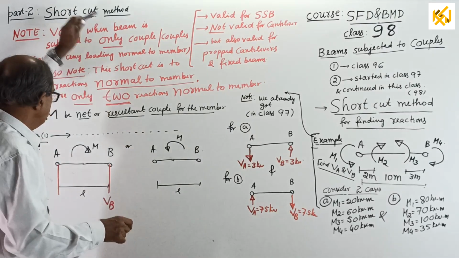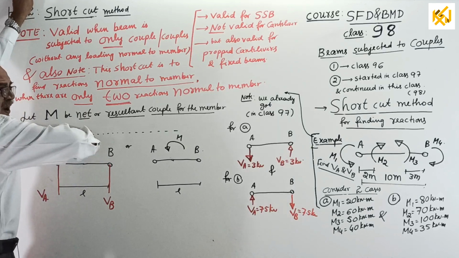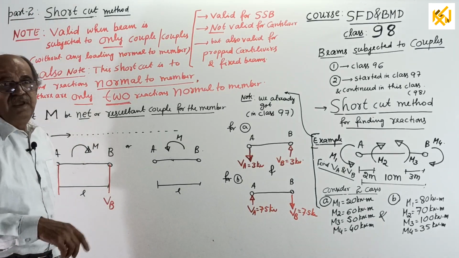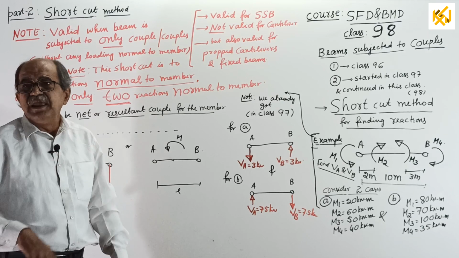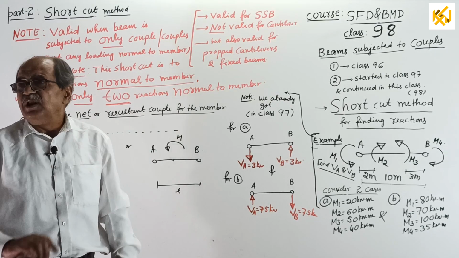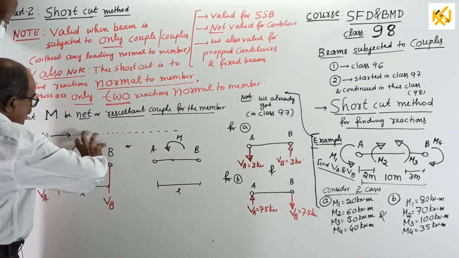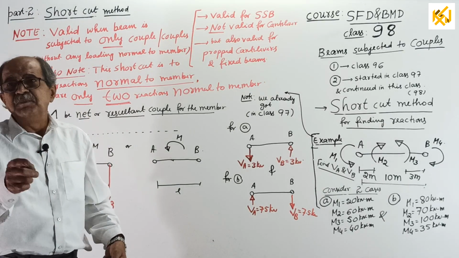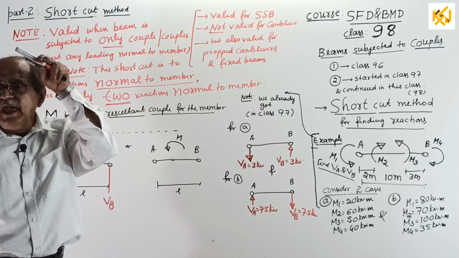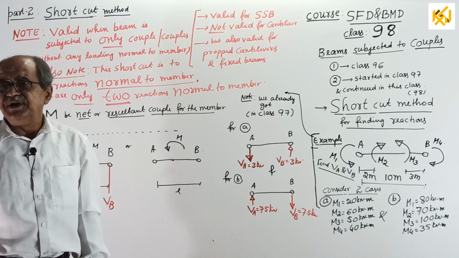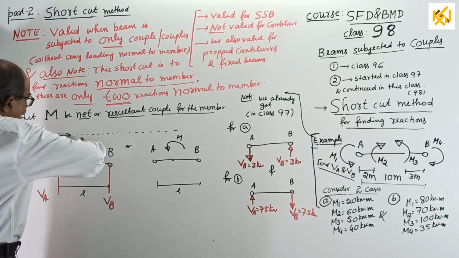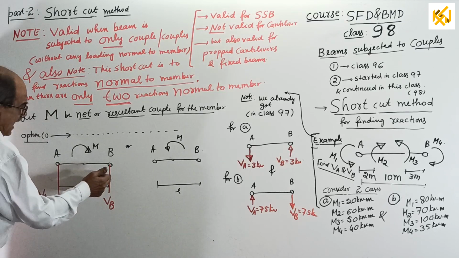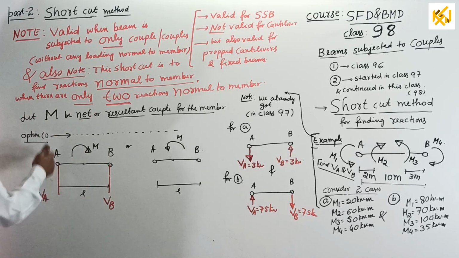For equilibrium, this couple M is to be balanced by an opposite couple. If the applied couple is clockwise, a clockwise couple can be balanced only by another couple of the same magnitude but opposite direction. So, these two reactions are parallel to each other.